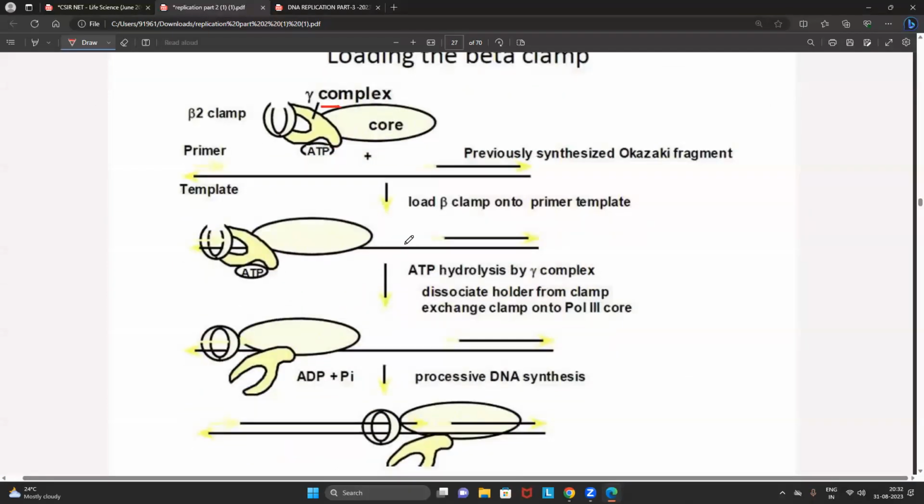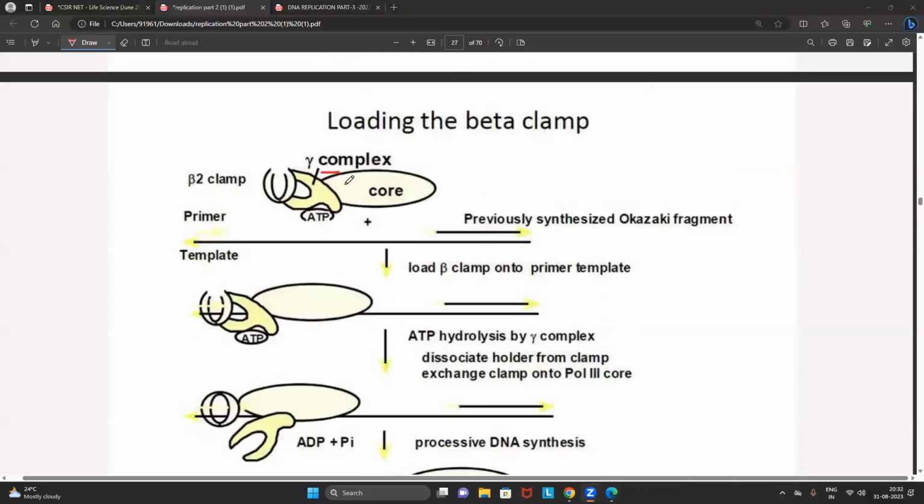All the students, if you understand this diagram, automatically you will get it. Every student focus on the diagram. This is called the core enzyme: alpha, epsilon, theta. Every student follow me correctly. If the core enzyme wants to be functional, what do they require? They compulsorily require the beta clamp. This is the beta clamp. Now you only look into the diagram.